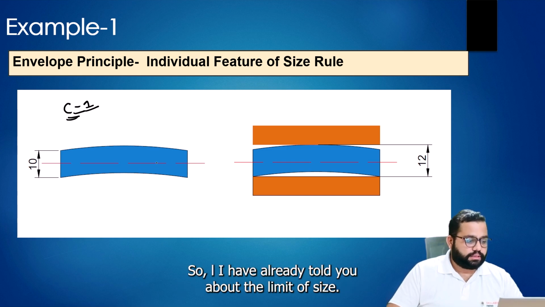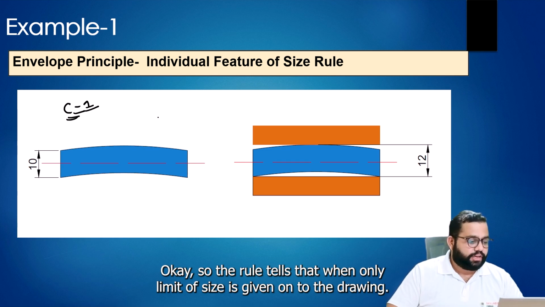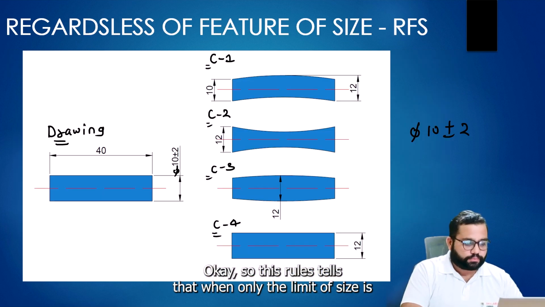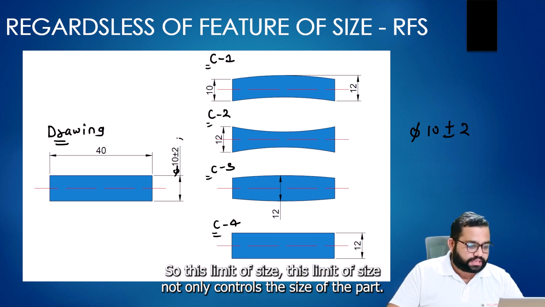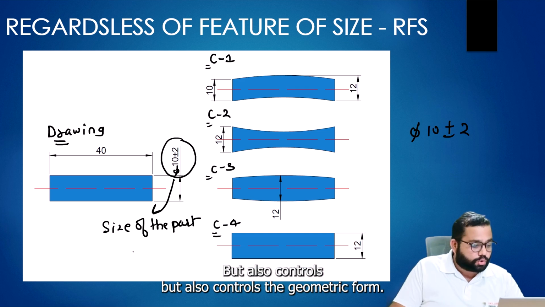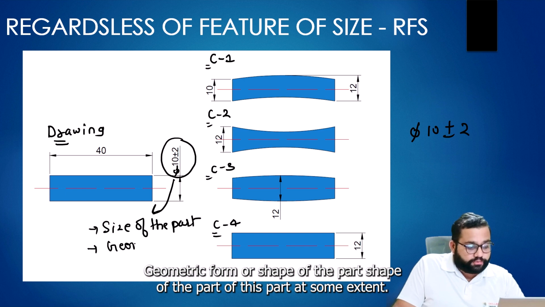I have already told you about the limit of size. The rule tells that when only the limit of size is given on the drawing, the limit of size not only controls the size of the part, but also controls the geometric form or shape of this part to some extent.